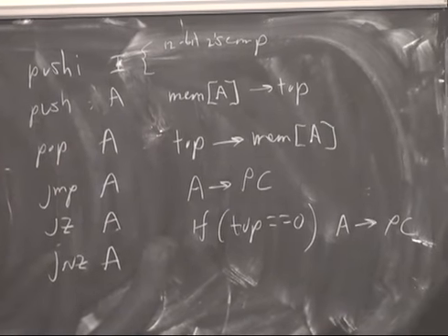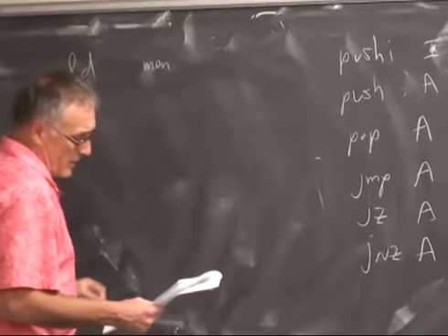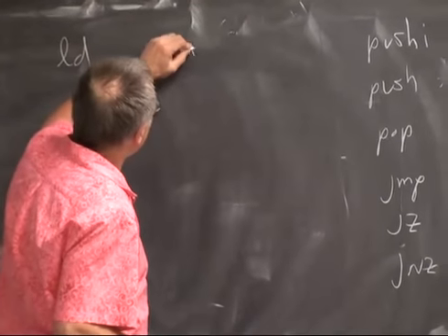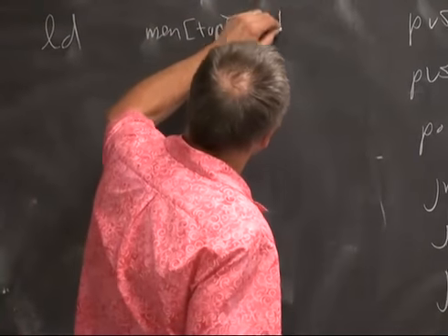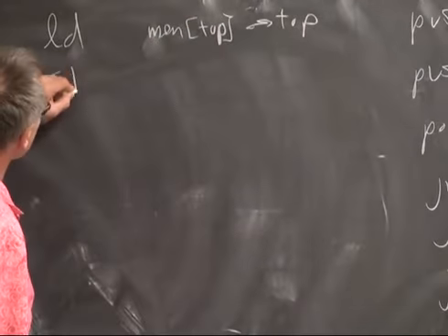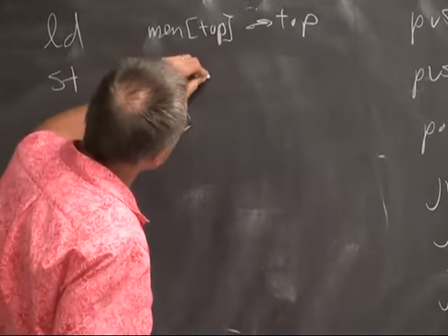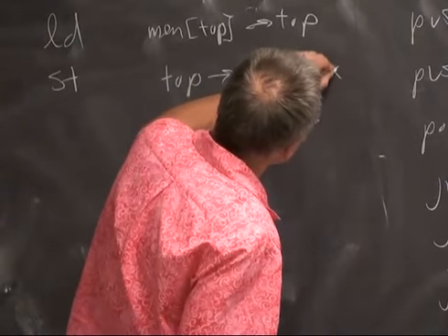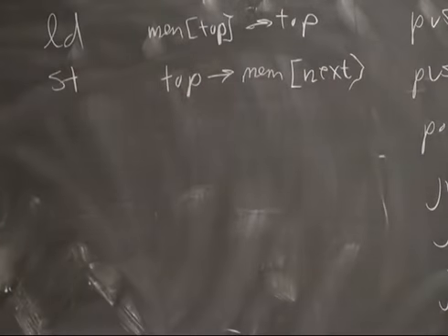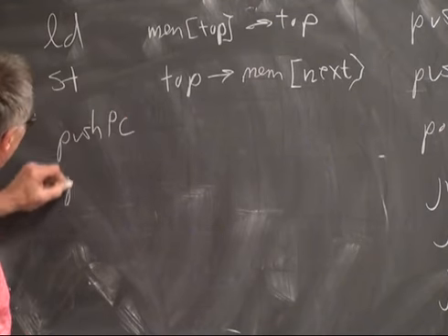A load indirect, LD, allows you to do a mem of top goes to top, and a store in which the top of stack goes into mem of the next value on the stack. And there's a push PC and a pop PC.